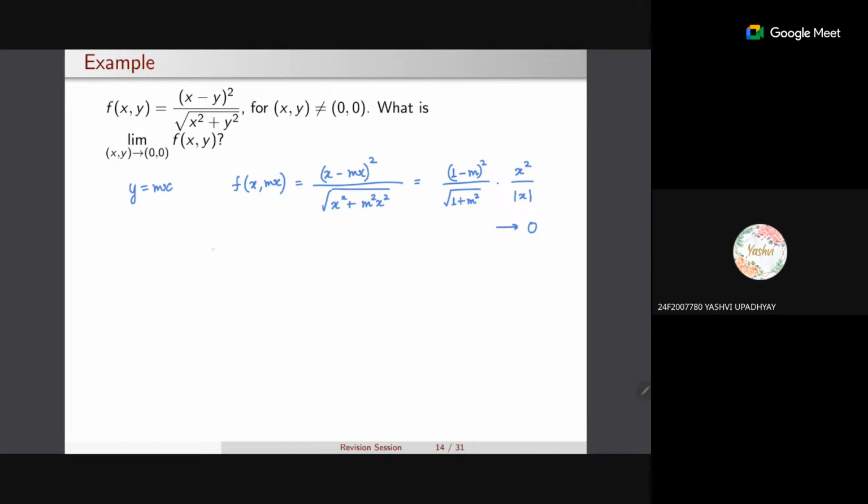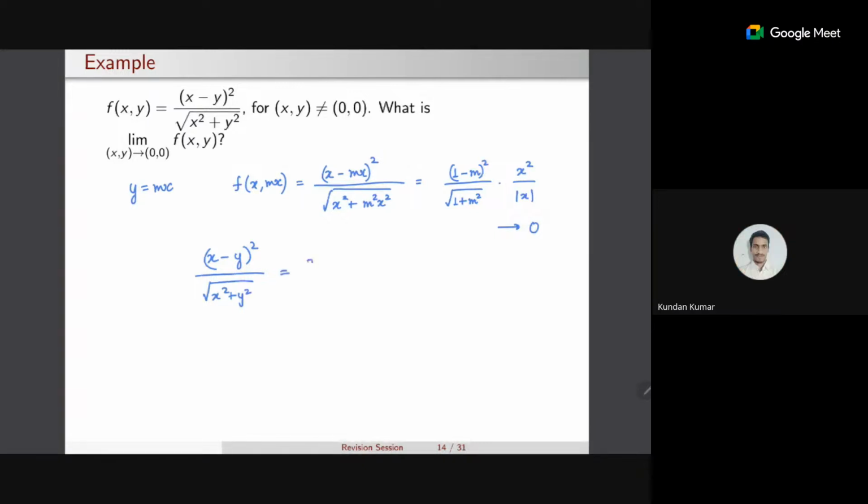So look at this quantity, (x minus y) the whole squared divided by square root of x squared plus y squared. We have checked along straight lines only, and we have got the limit to be the same. That does not mean that the limit exists, but now what arbitrary curve can you take?